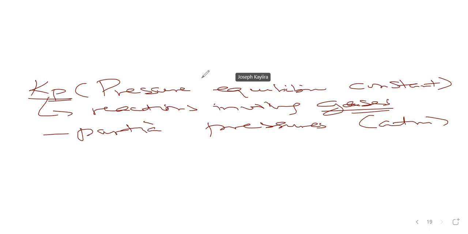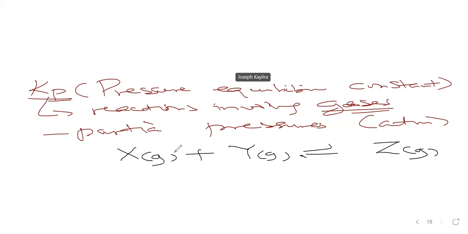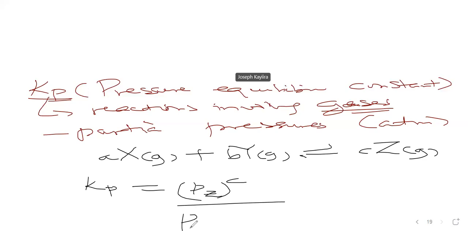Let's look at an example, a reaction involving gas X reacting with gas Y to give us a gas Z. If you balance this by A, B, and C, then the pressure equilibrium constant will be given as the partial pressure of the product, which is Z, power C, divided by the partial pressure of X power A, multiplied by the partial pressure of Y to power B. That is the pressure equilibrium constant expression in terms of partial pressures.